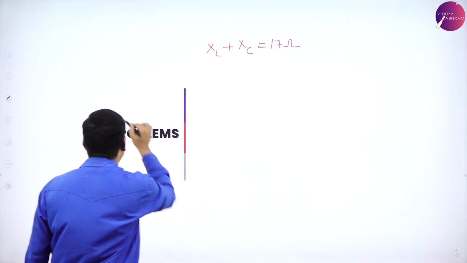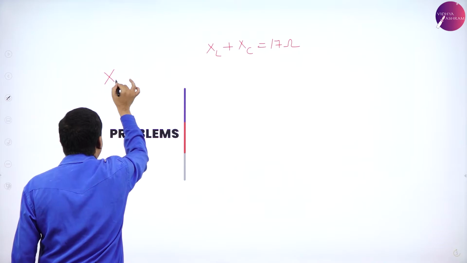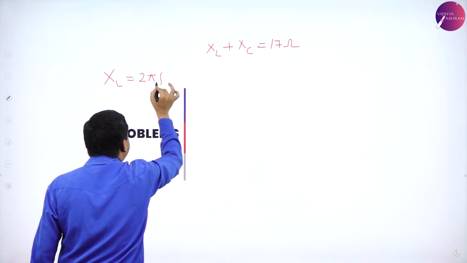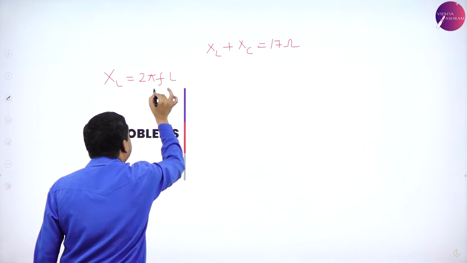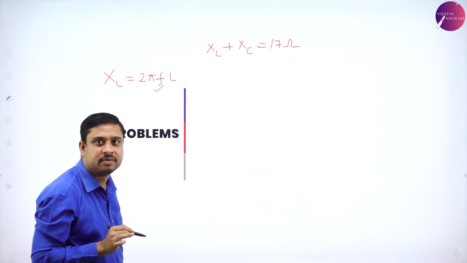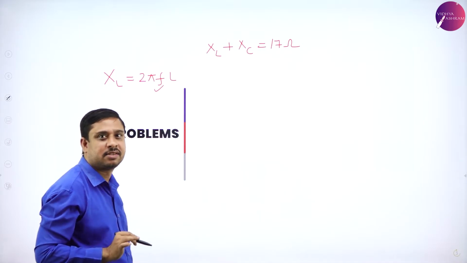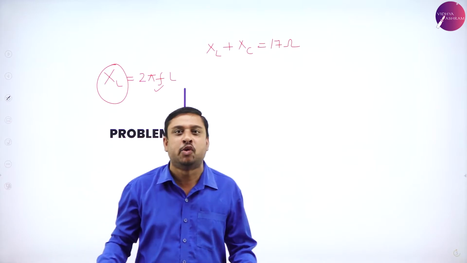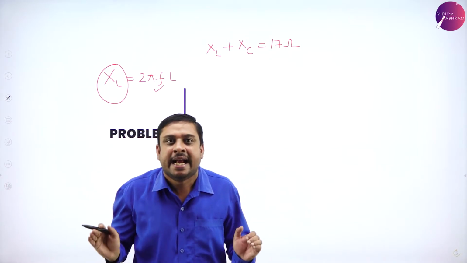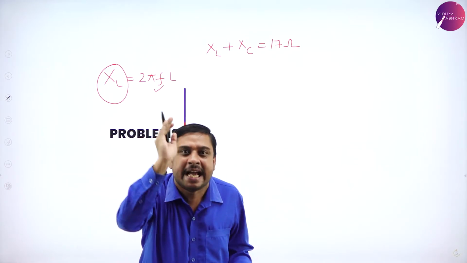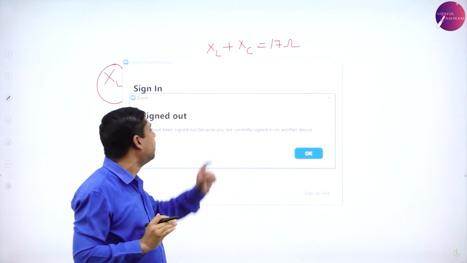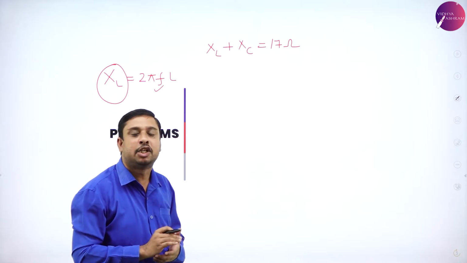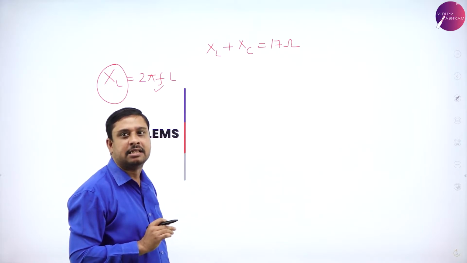See, I know XL is 2 pi F into L. F is given, 100 hertz. If anywhere I am able to calculate XL, it becomes a direct substitution from which I can calculate inductance.